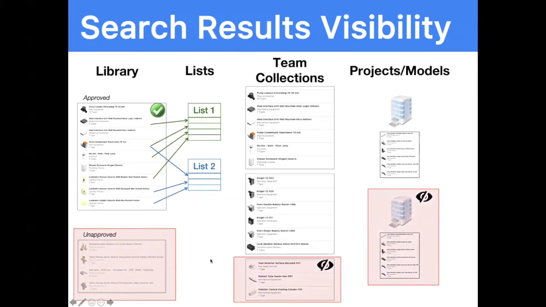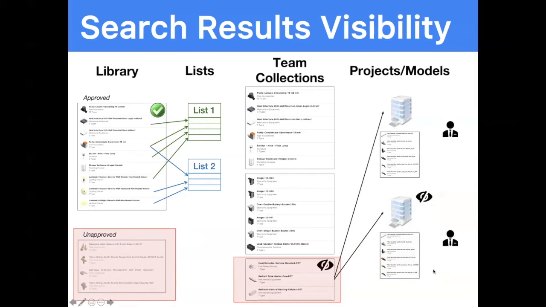You also will not see results from private collections or private models, unless you're working on that project, or the collection is assigned to a project that you're working on. So this is you. That's really just visually showing what we talked about in the last slide, where the search will look.